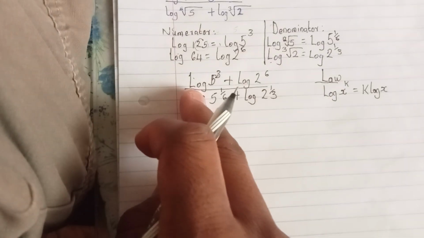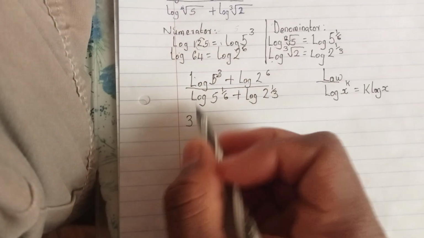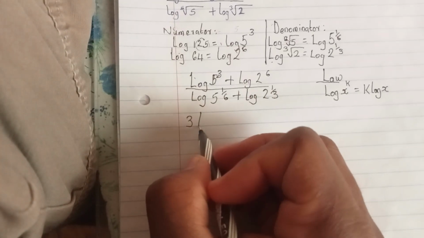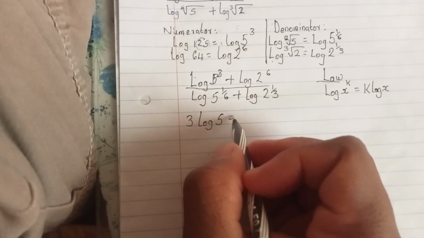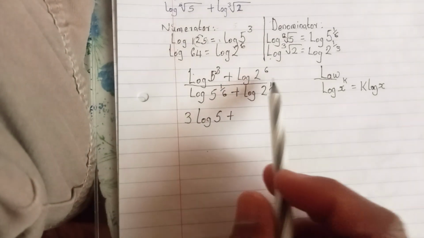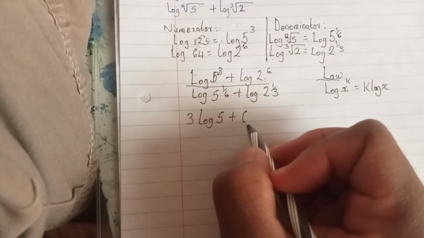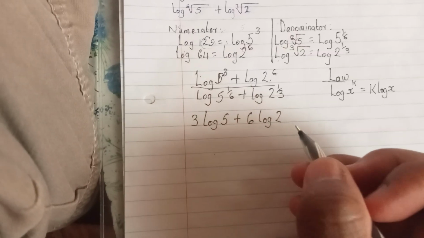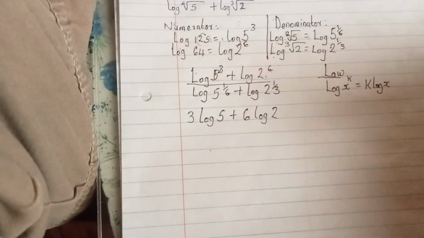Let us start with the first one over here. So 3, which is the power, becomes 3 log 5 plus, we apply the same thing over here, 6 log 2. Hope over there we are all clear.